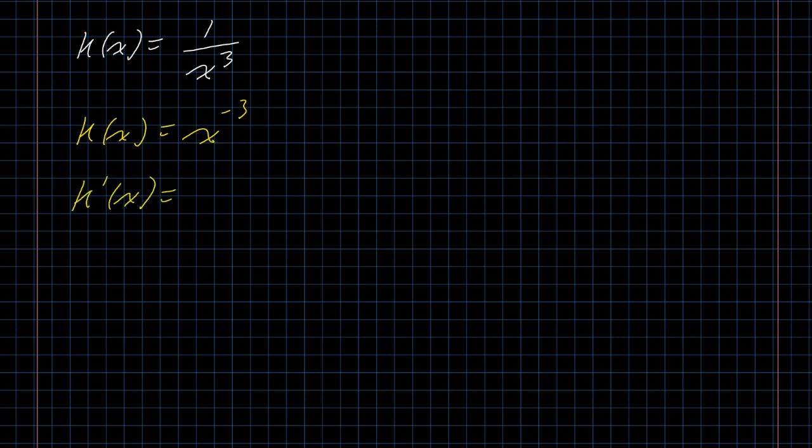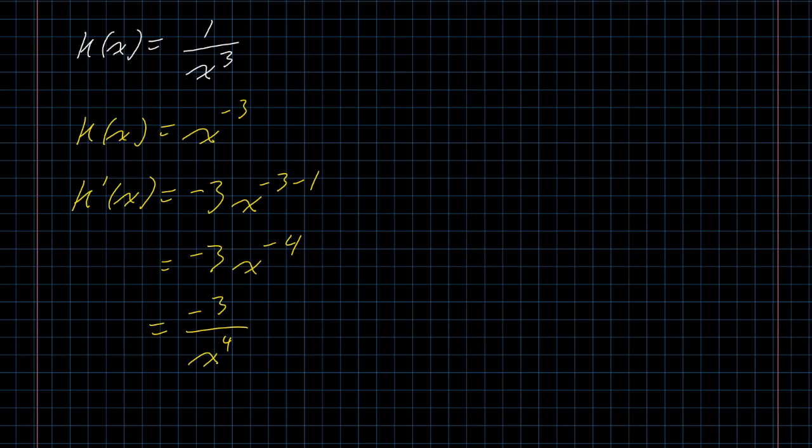If n is negative 3, k prime of x will be negative 3 times x to the negative 3 minus 1 power. Negative 3 minus 1 is negative 4, and I guess it would be a good idea to rewrite that using a positive exponent, negative 3 over x to the 4th power.